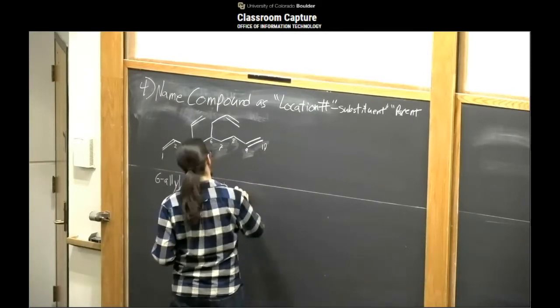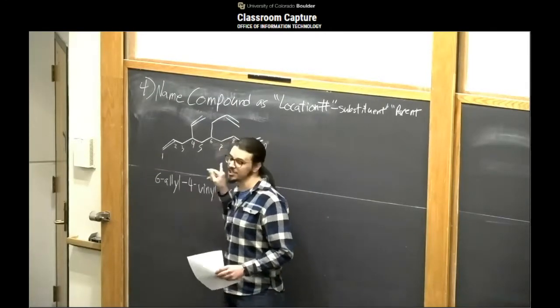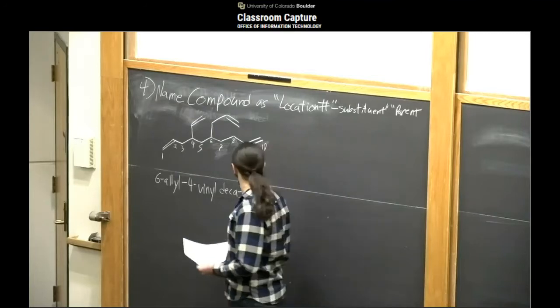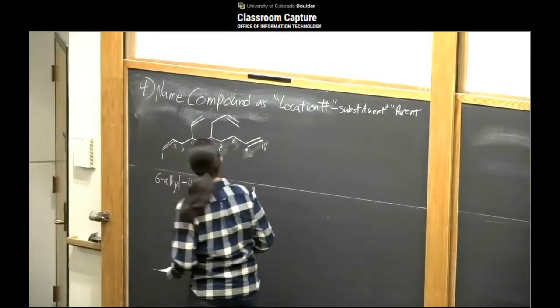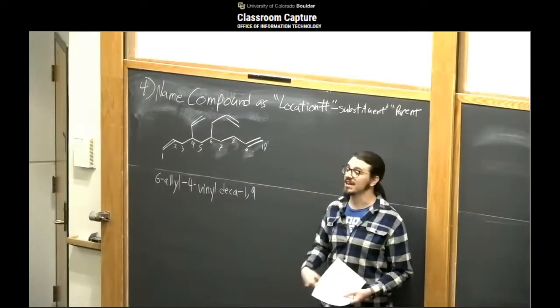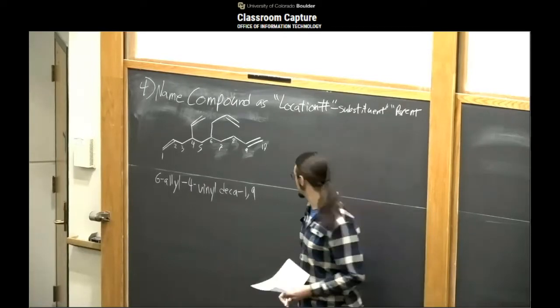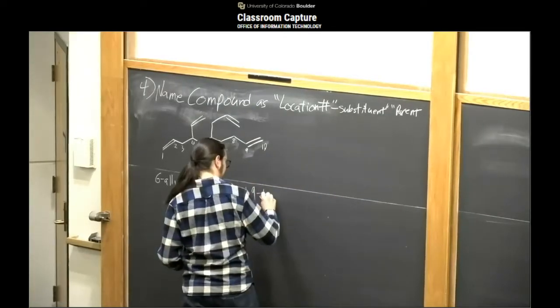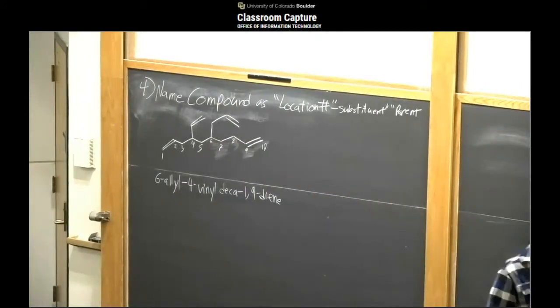Then the numbers for the alkenes, remember we put the number for the alkene at the first carbon in the chain that it is interacting with. So we have an alkene starting at carbon 1 and 9. And then because we have multiple alkenes in the parent chain of this molecule, instead of just ene at the end, it will be diene. So decadiene. And the same trend would follow if we had, say, a third alkene in the parent chain as well.